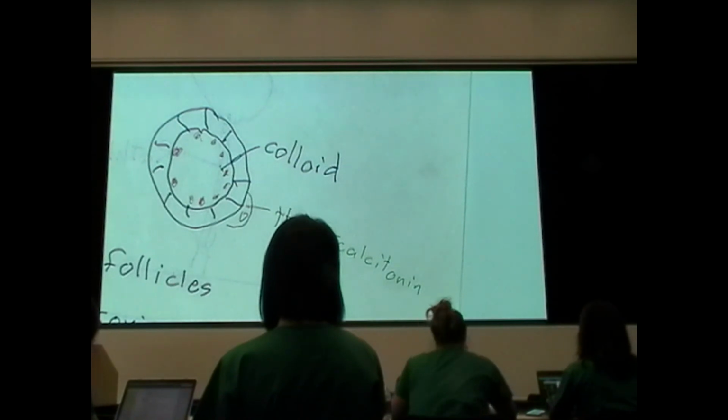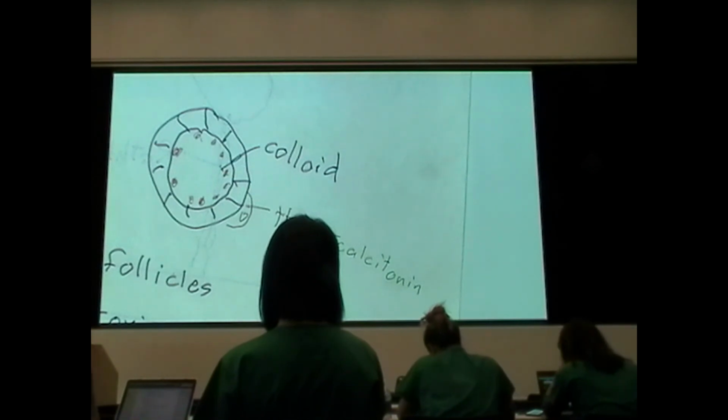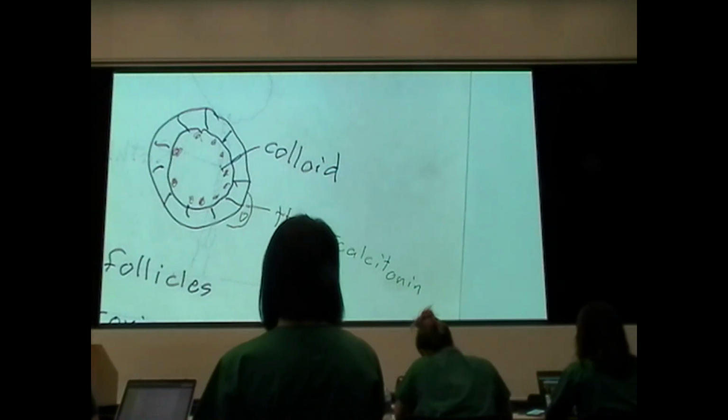So our calcium levels are constantly being adjusted by two antagonistic hormones. There's calcitonin in the thyroid and parathyroid hormone in the parathyroid gland. And it's sort of a push-pull technique.